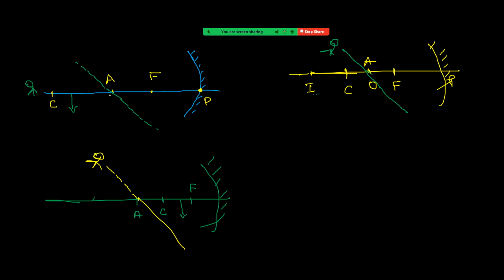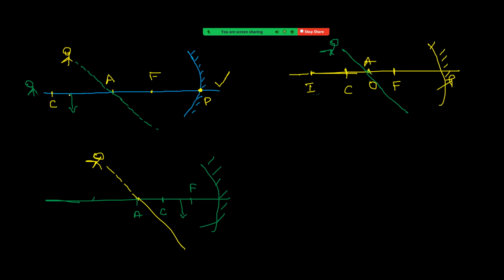But if the object is between F and center of curvature, when the person sees in this line, the image is right of this line. Get the point? Means this is now matching. That means the object must be in between F and center of curvature.